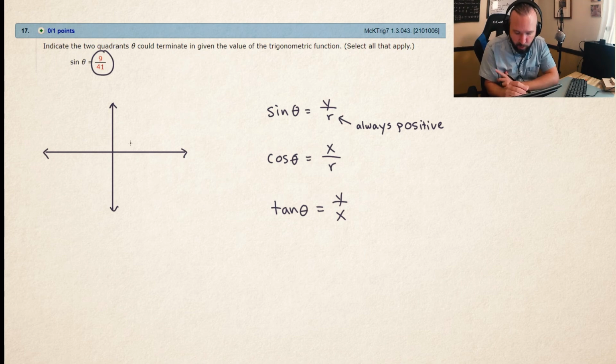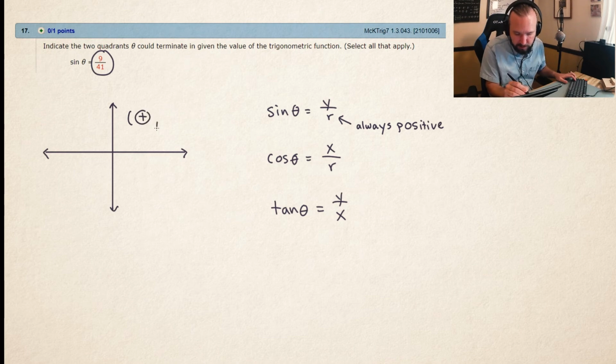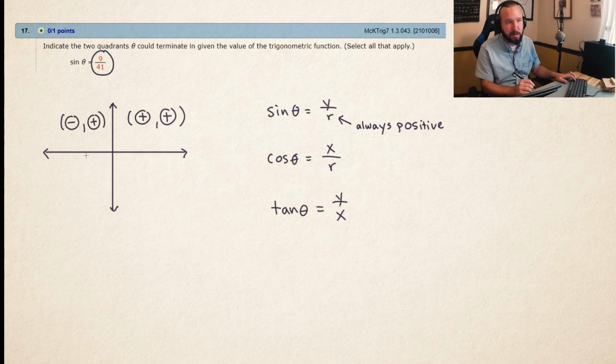To get to quadrant 1, I would have to go right and up. To go right, the x would be positive, and to go up, the y would be positive. So this one is a plus and a plus. To get over to quadrant 2, I would have to go left and up, so the x coordinate would be negative and the y coordinate would be positive.